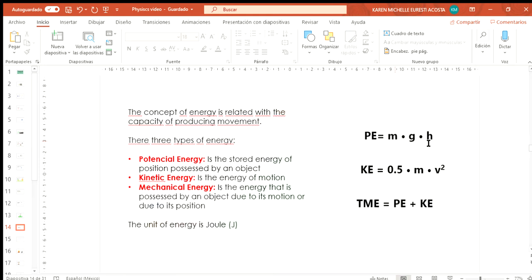This is in kilograms, meters per second squared, and meters. The kinetic energy is 0.5 times m times v squared. The v stands for velocity, that is meters per second. And finally we have the total mechanical energy, that is only adding these two types of energy.